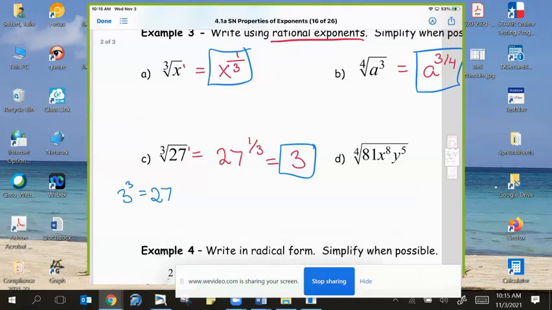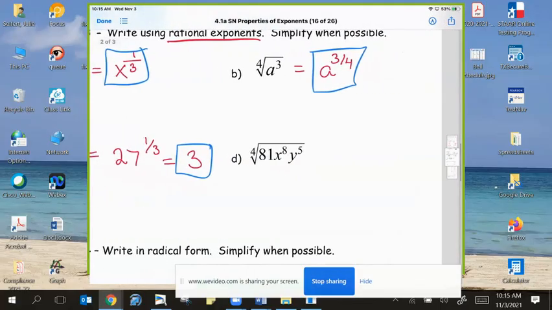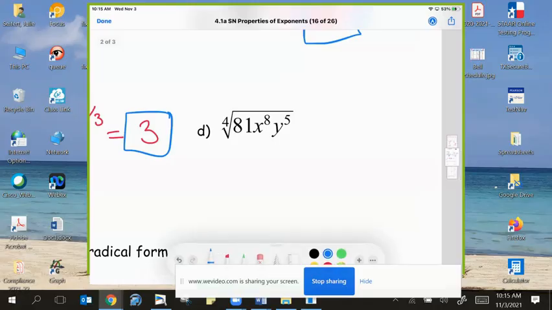Okay. Now let's look at D. We have a fourth root of 81 x to the 8th y to the 5th. Rewriting this with a rational exponent, 81 x to the 8 y to the 5 would get raised to the power of 1 over 4.